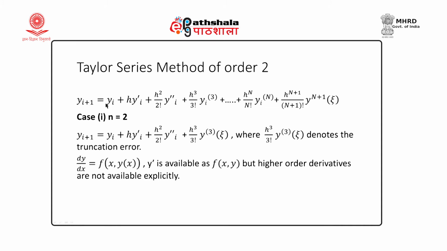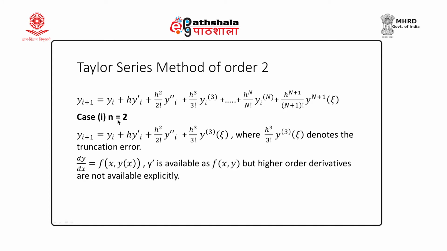In case of Euler formula, if you remember, we had ignored second and higher degree terms, and we got the formula yi plus 1 is yi plus h yi dash, and that we call the Taylor series formula for n equal to 1. Now, today let us take the case n equal to 2 first, which gives us the Taylor series method of order 2.